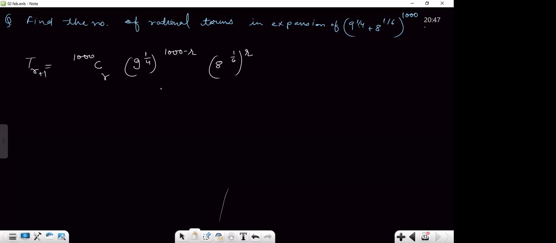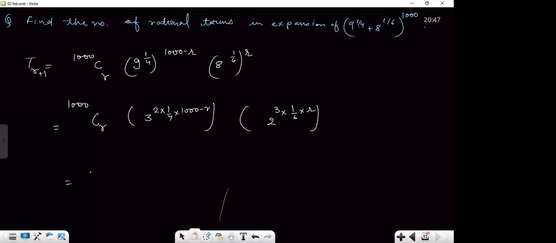Let's now first solve the powers. We are aware that 9 is the square of 3 and 8 is the cube of 2, so we have made the bases prime numbers: 3 raised to 2 into 1 by 4 into (1000 minus r), multiplied with 2 raised to 3 into 1 by 6 into r.